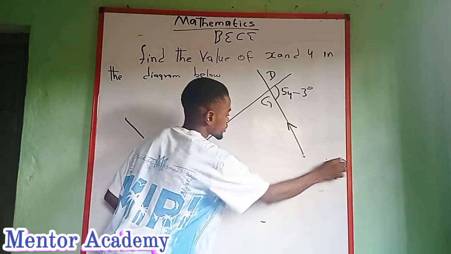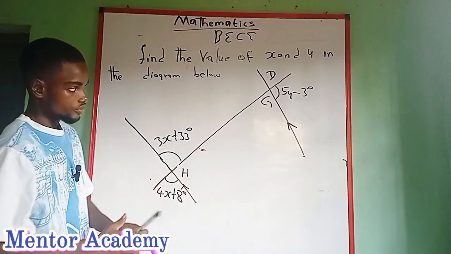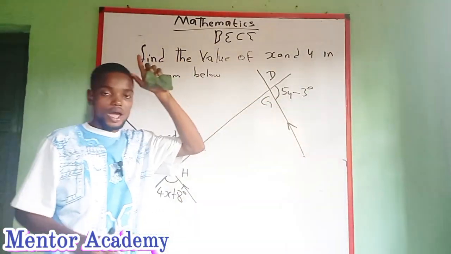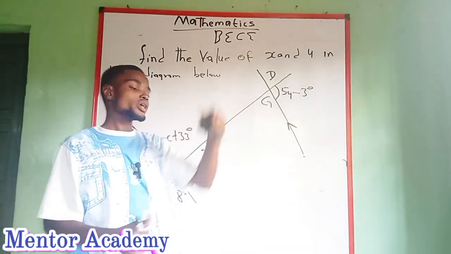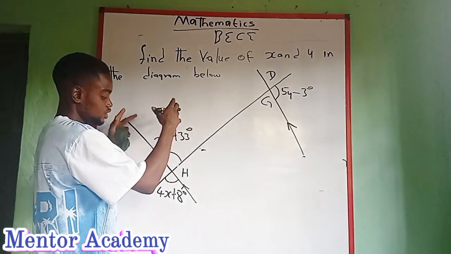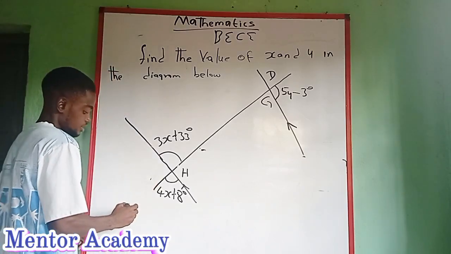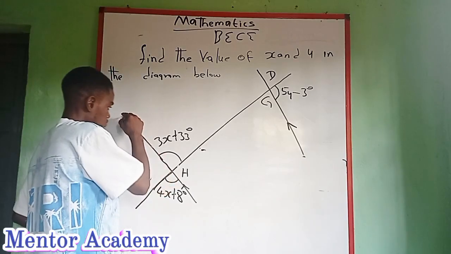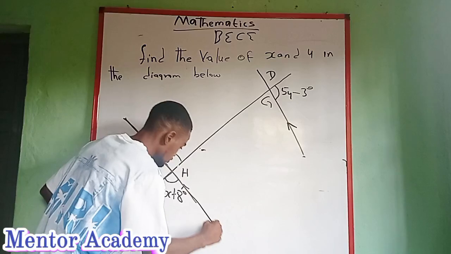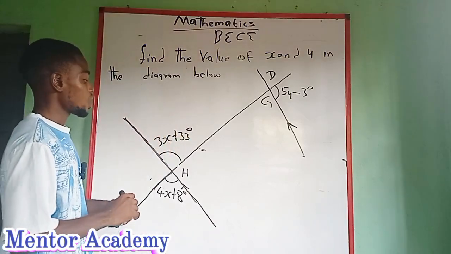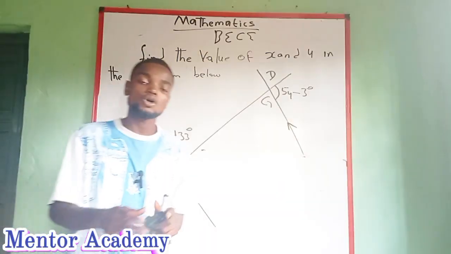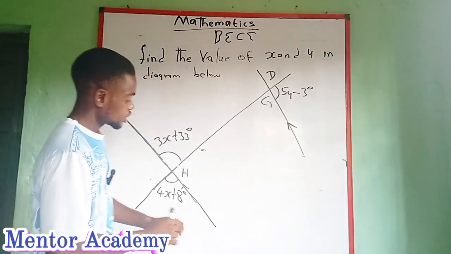So we have gotten that s is 25. Now, if s is 25, what is y? Because we have to find s and y. Now, we're going to find the relationship between this part and this other part. Let me extend this line further so we can visualize very well. Now, if you look closely, we have what we call alternate angles and corresponding angles.